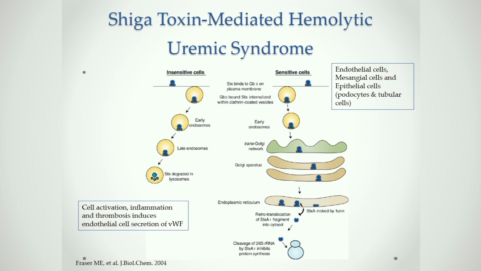On the sensitive cell side, there's endocytosis, but then across time, the Shiga-toxin moves into the Golgi apparatus and then the ER, and then translocates back into the cytosol, where it can actually cleave RNA and inhibit protein synthesis, all leading to cell death. And that's most often seen in endothelial cells, mesangial cells, and epithelial cells, which ironically all are found in the kidney. And so I think that's one of the examples and reasons why the kidney is quite a common bystander for this kind of infection-associated injury.